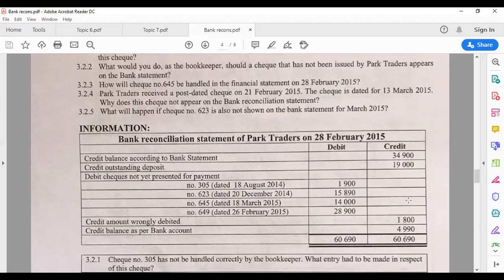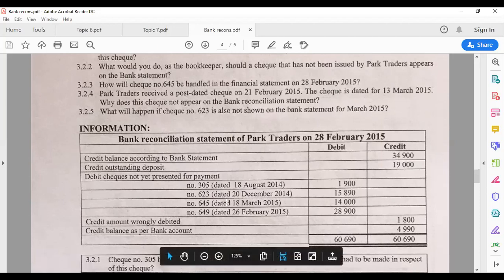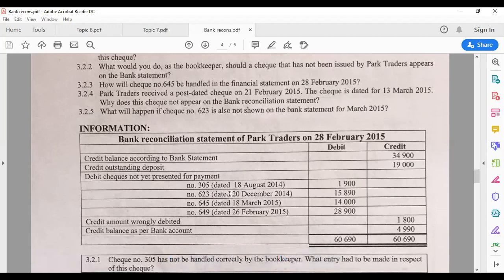So when the checks have been written, you have recorded these checks in your records, in your bank account general ledger, and in your cash payment journal. Okay, but they have not yet been presented for payment. So the business you paid didn't physically go to the bank yet and cash that check.